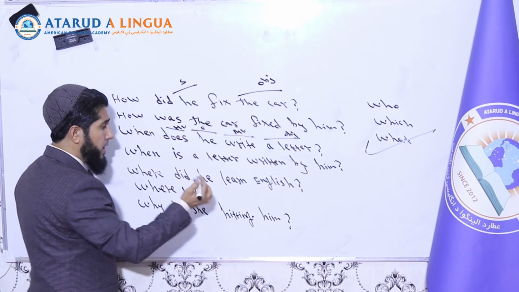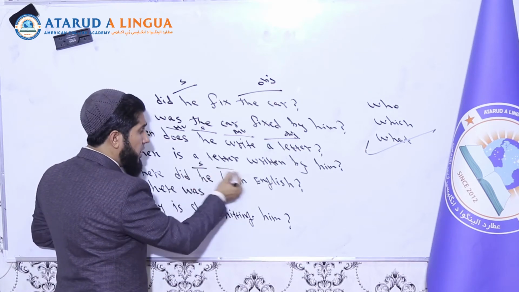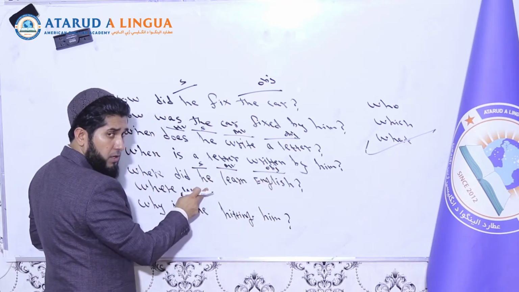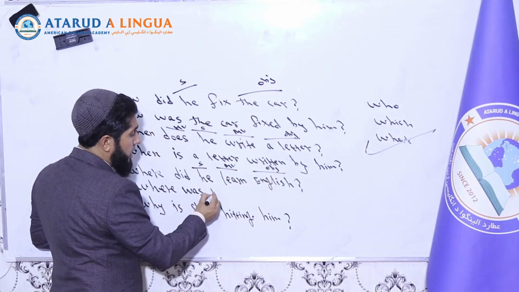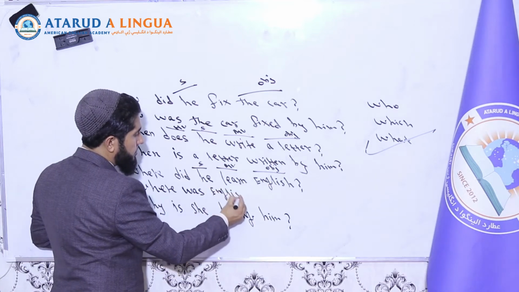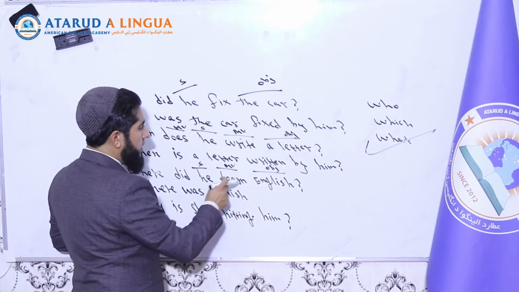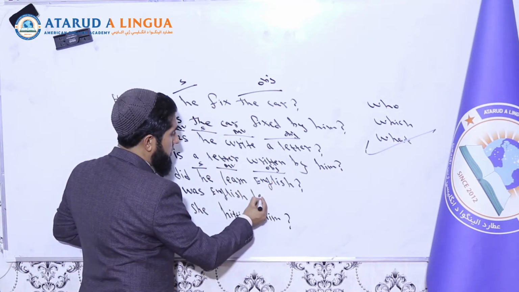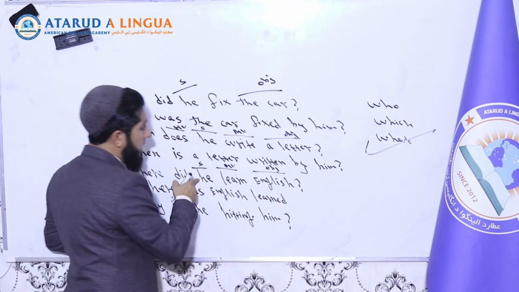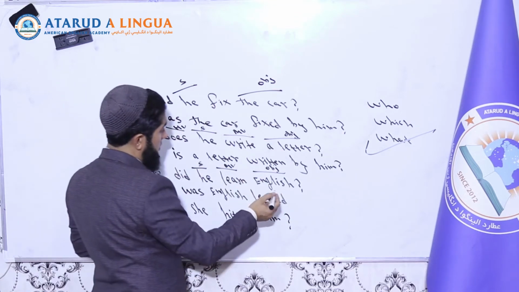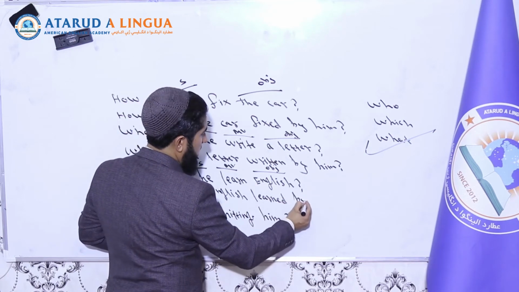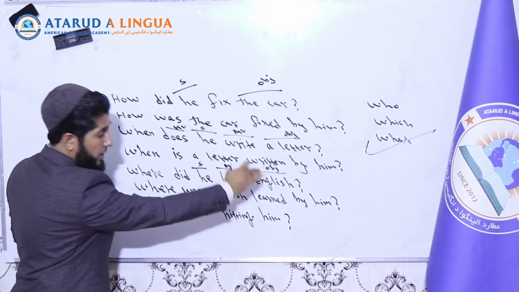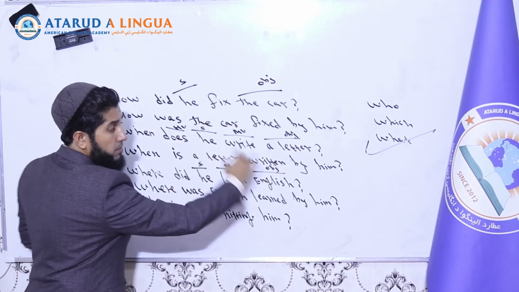Where was, okay? Now he is the subject, learn is the main verb form, and English is the object. So the object becomes the subject of your passive sentence. So where was English? And the main verb must be changed to past participle, third form, learned. And the subject of your active sentence becomes the object of preposition, by him. Now look, where did he learn English? Where was English learned by him?